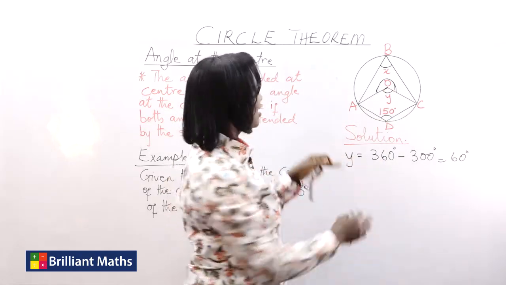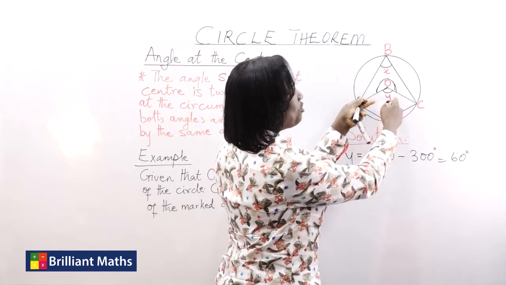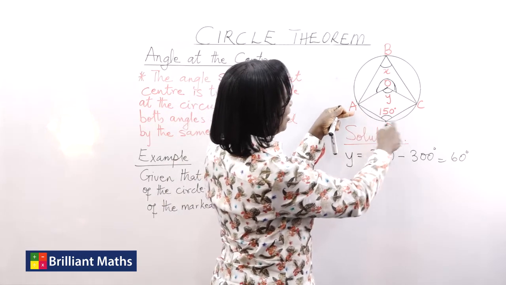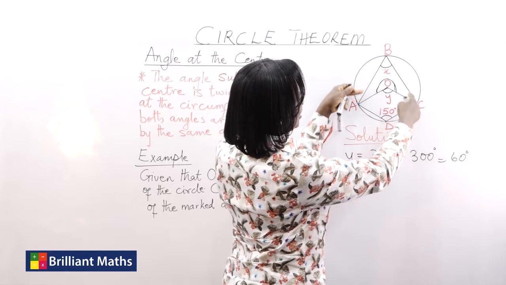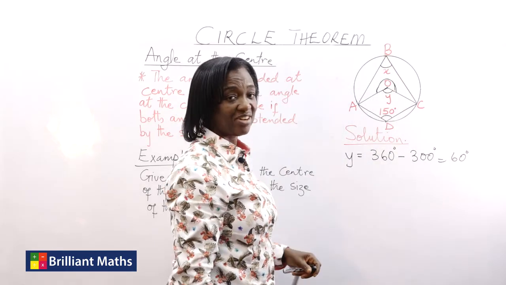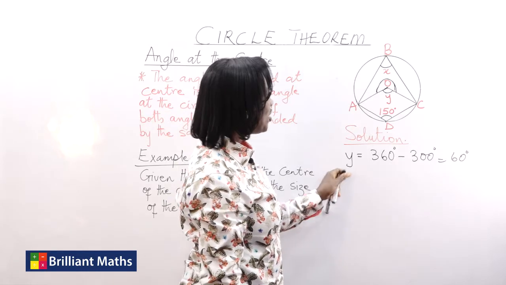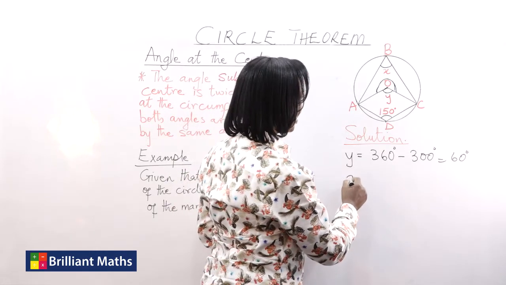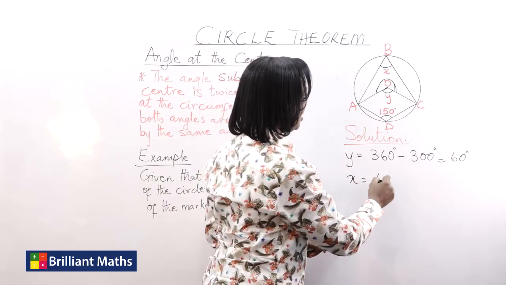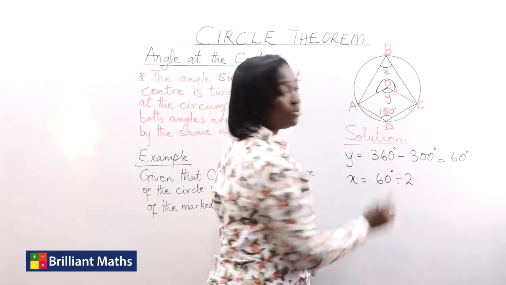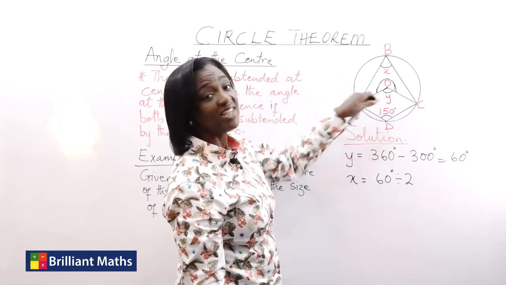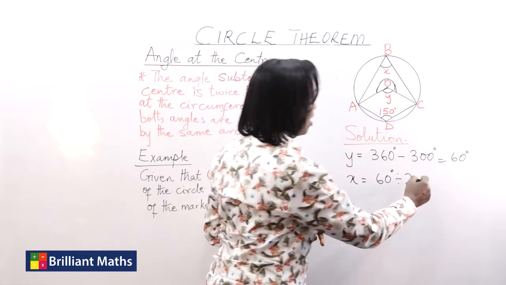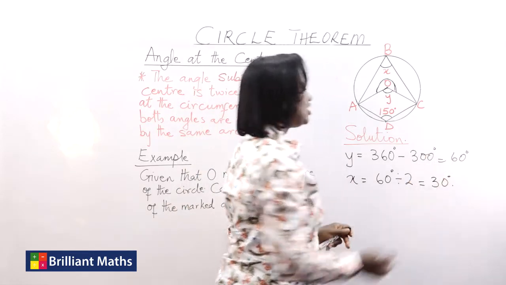The minor arc AC subtends angle Y at the center, and the same minor arc AC subtends angle X at the circumference. So if we know that Y is equal to 60 degrees, then angle X is equal to 60 degrees divided by 2, or half of 60 degrees, because Y is at the center and X is at the circumference, and both of them are subtended by the same arc. So X is equal to 30 degrees.